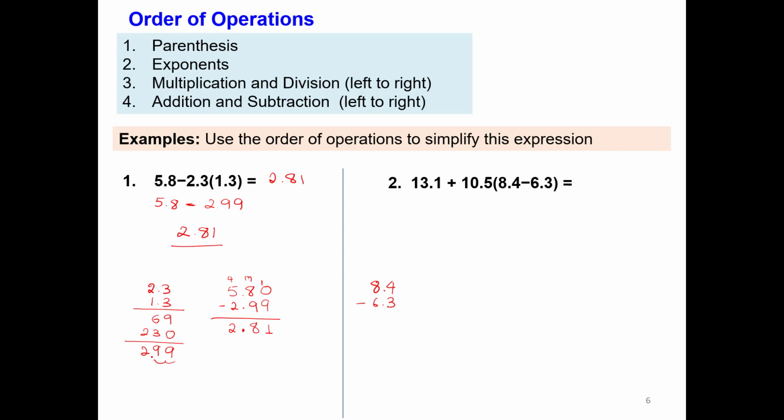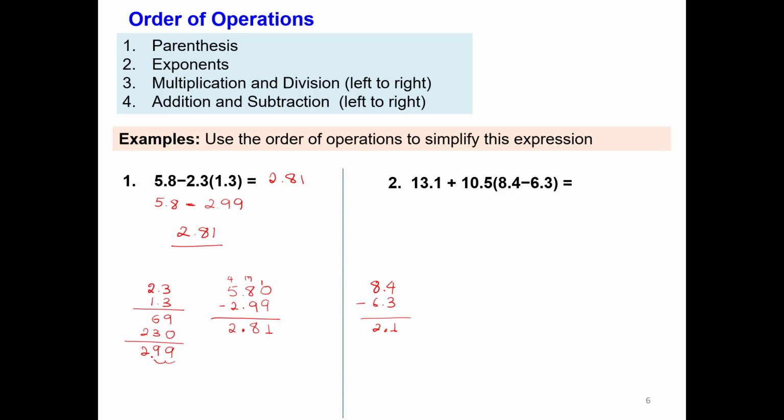The sign of the difference will be the sign of the larger number. And let's subtract this one. It will be 4 minus 3 is 1. 8 minus 6 is 2. Bring down the decimal point. 8.4 is the larger number. Then the answer is positive. Must be 2.1.